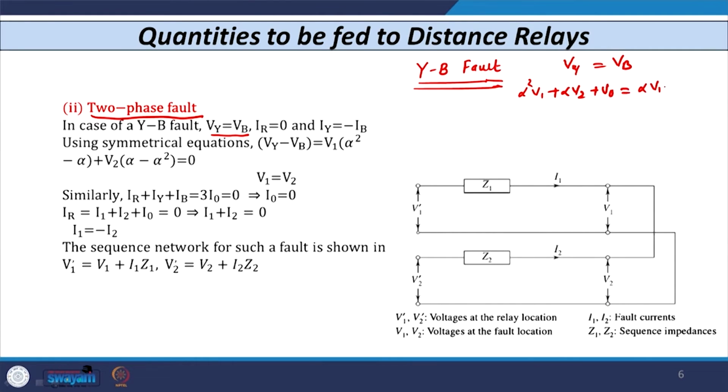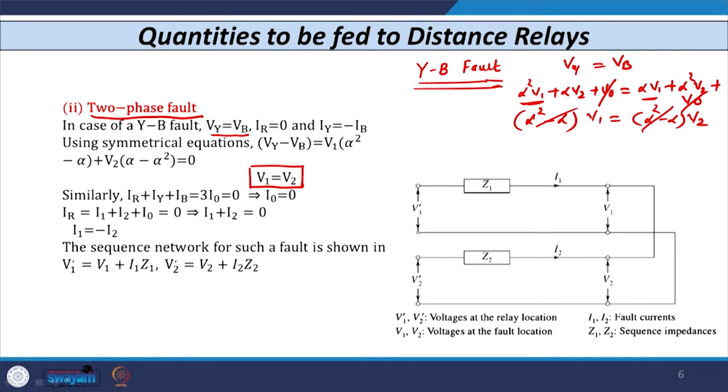That is alpha V1 plus alpha square V2 plus V0. If I equate them, V0 and V0 get cancelled. So I have the equation in V1 and V2: alpha square minus alpha into V1 is equal to alpha square minus alpha into V2. So finally we have V1 equal to V2.